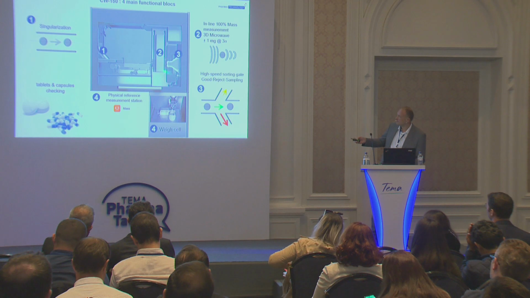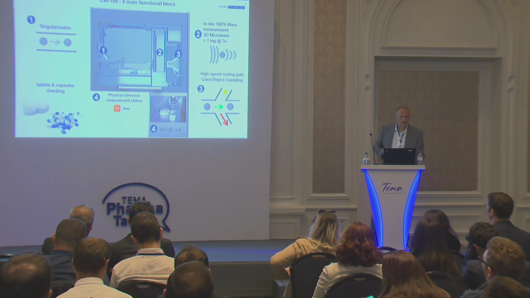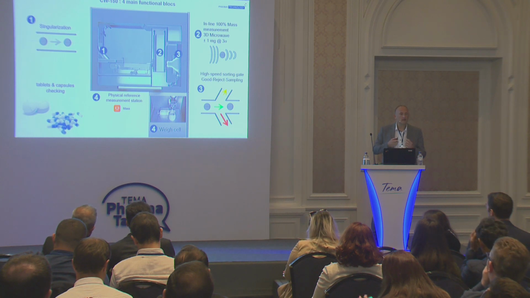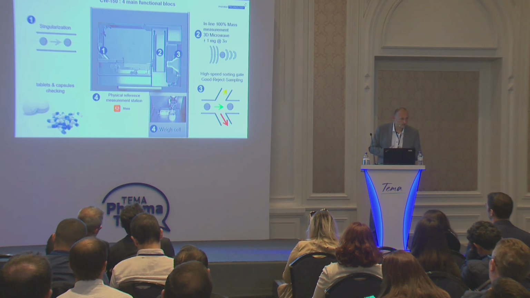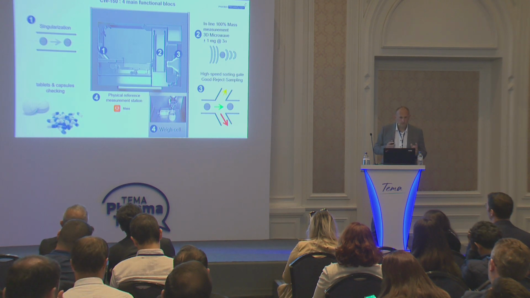Then we direct this product to the external scale. We measure the real mass, and then we can compare. If there is a deviation, we can apply our calibration. I will also explain later how this calibration works. But at all moments, you know the predictions of the 3D microwaves are correct.